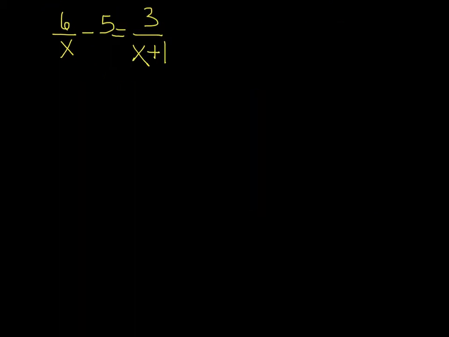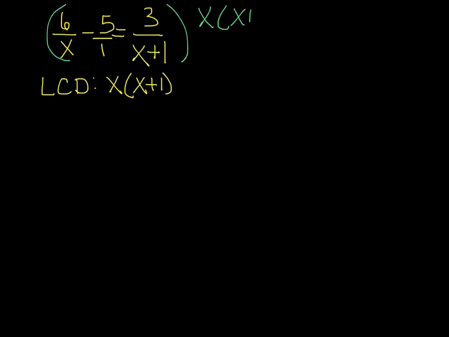Okay, here's another one. 6 over x minus 5 equals 3 over x plus 1. And for some of you, if you feel better about it, put that 5 over a 1. So our lowest common denominator is going to be x times x plus 1. That means I need to multiply all 3 pieces times x times x plus 1 over 1.